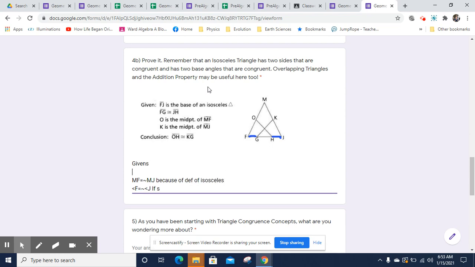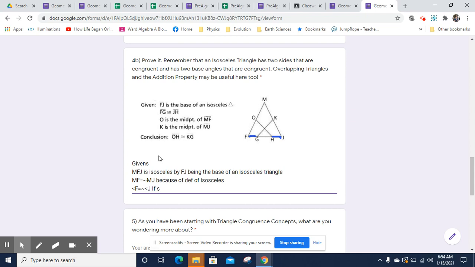Okay, and maybe we ought to say that MFJ is isosceles, with FJ being the base of an isosceles triangle. I think we need to do that. That could be argued, by the way.